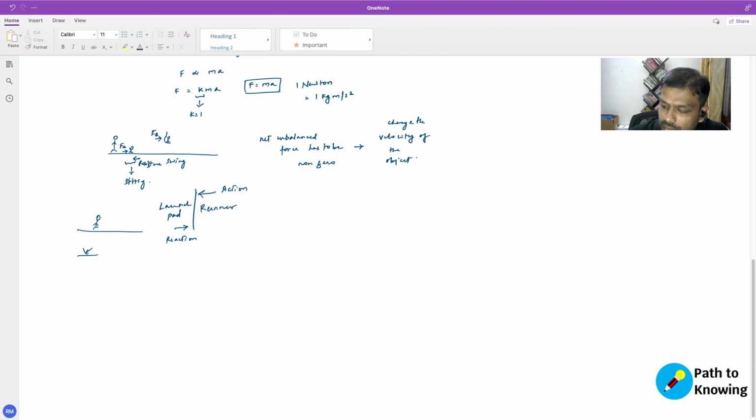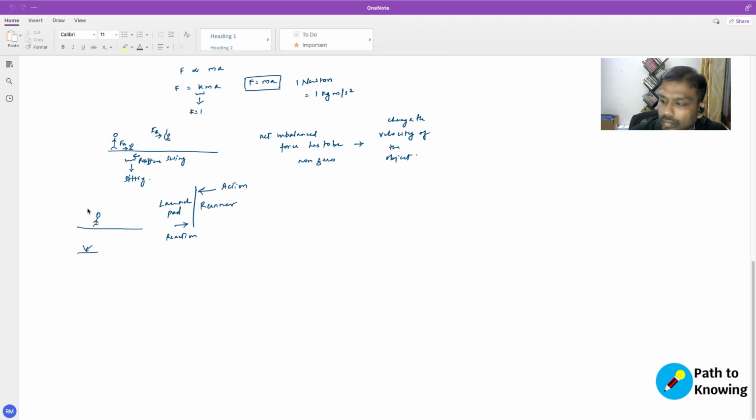So let's take the example of two objects. I'm going to call these A and B. Let's consider object A has a mass of, let's call it ma, and this particular object is traveling with a certain velocity, let's call the velocity ua, right?